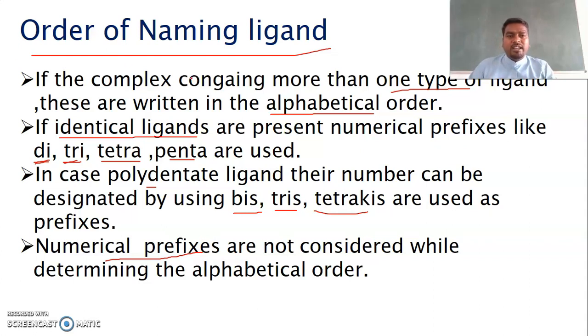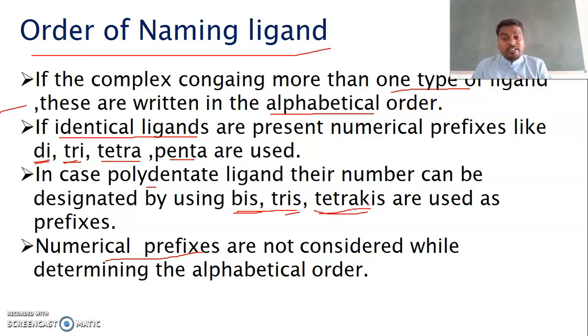So once again, the order of naming ligands. If a complex contains different ligands, we arrange them in alphabetical order. If the complex contains identical ligands, we express their number using numerical prefixes like di, tri, tetra, etc. If it contains a polydentate ligand, for a bidentate ligand we use bis, tridentate tris, tetradentate tetrakis.